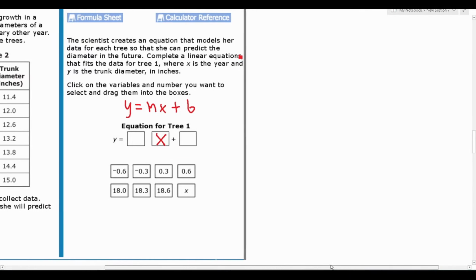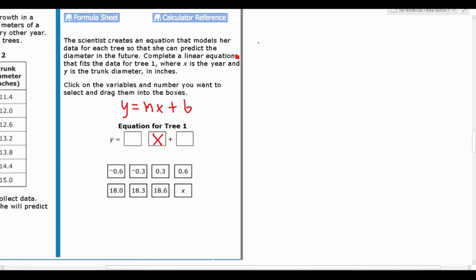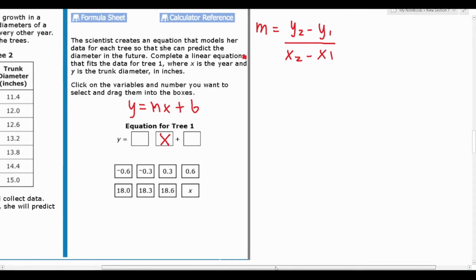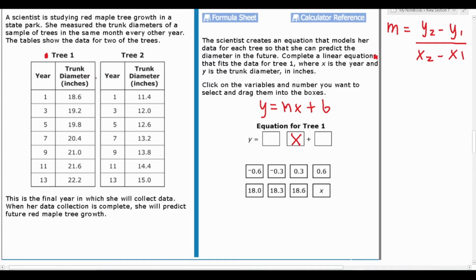The very first thing you need in order to write the equation of a line is your slope. So let's go ahead and start by writing down that formula. It was y2 minus y1 over x2 minus x1. Where do you get x1, y1, x2, y2? Again, you can pull those from the chart since these are just ordered pairs.